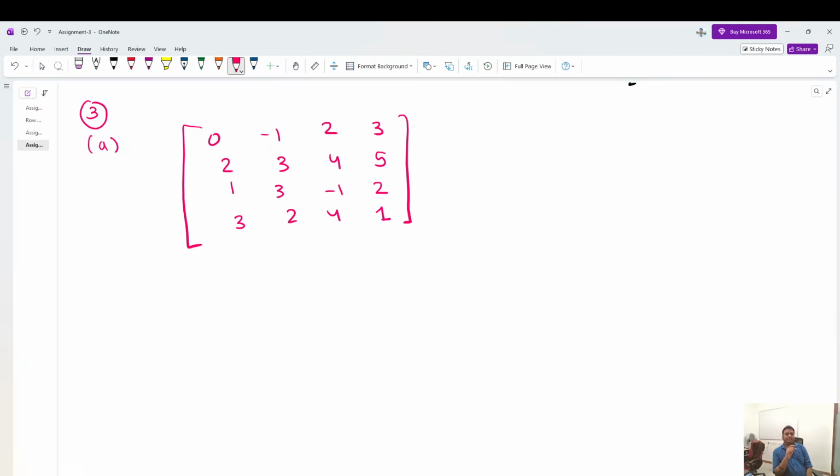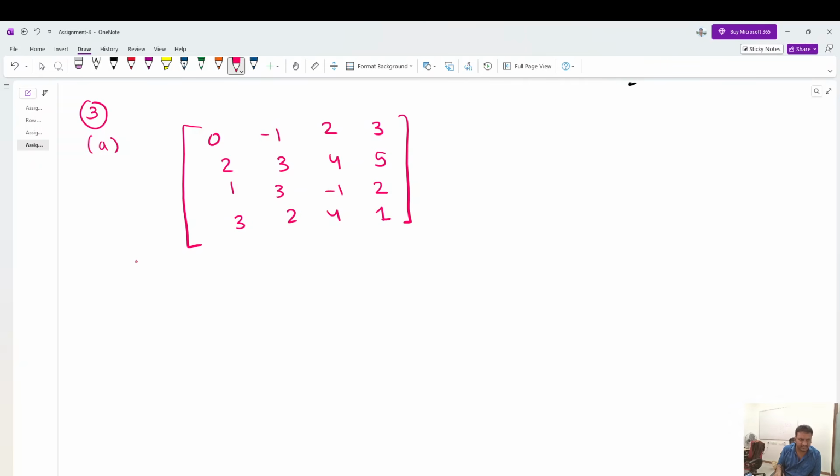Since you have to go row by row and look for the first non-zero entry, and in column one there are rows where the first entry is non-zero, better you interchange it.